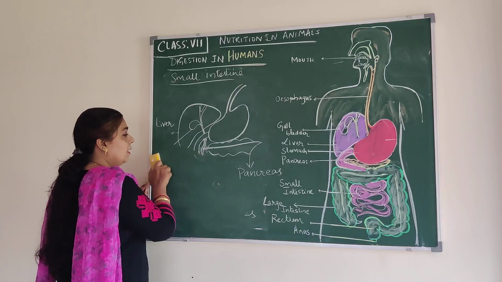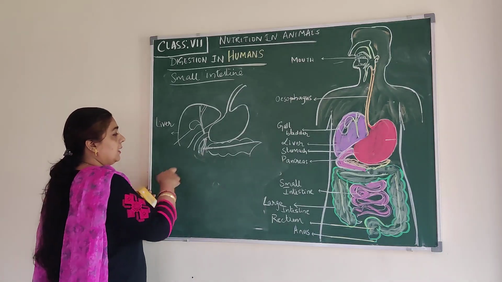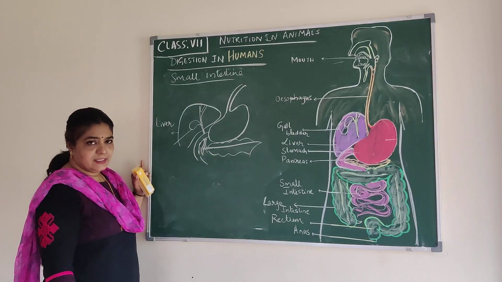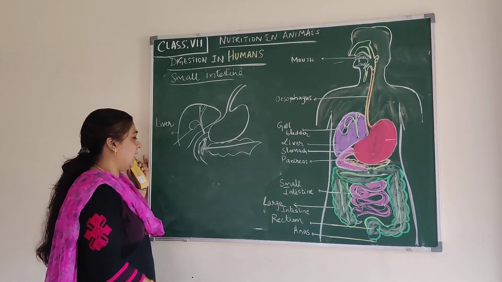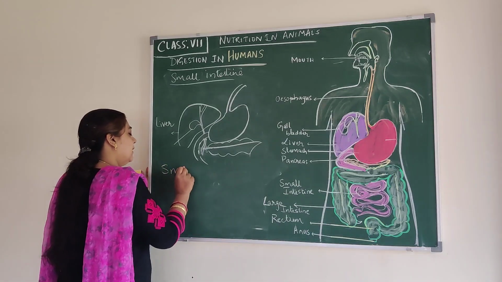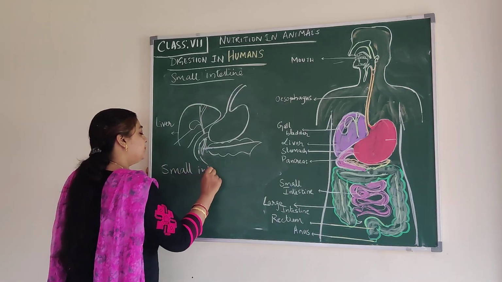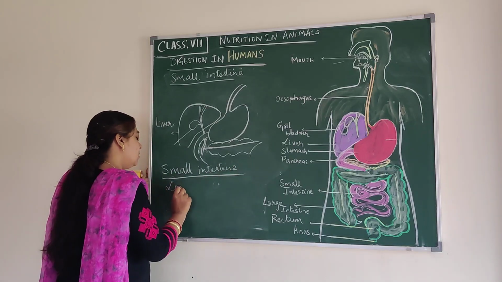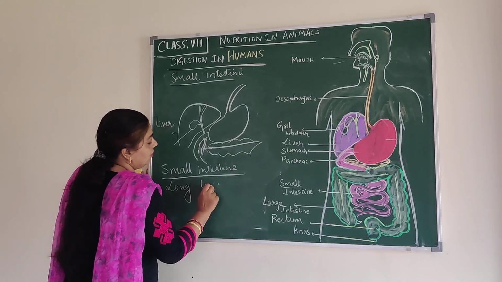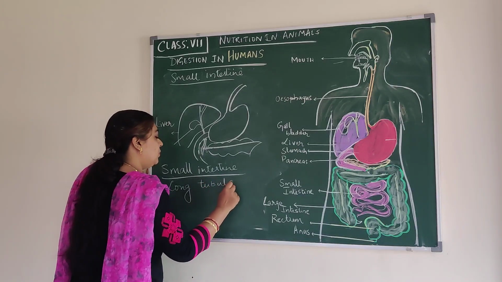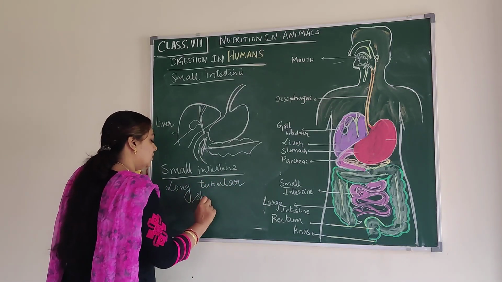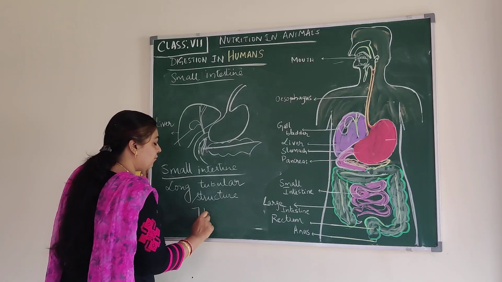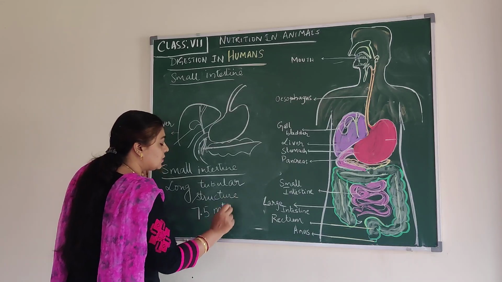Now you know that all the juices are entering the small intestine, right? So what is the small intestine? The small intestine is a long tubular structure which is around 7.5 meters long.